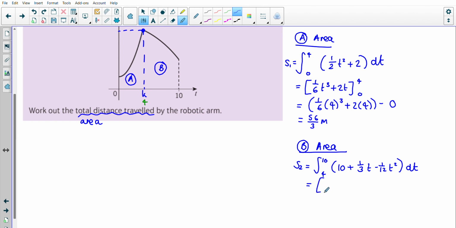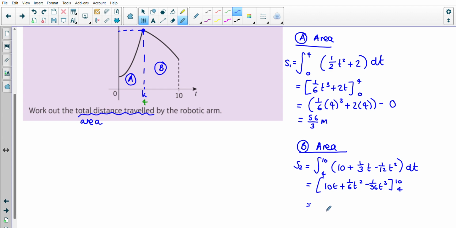Integrate 10, 10 will become a 10t, then I'll get a 6t squared minus 1 over 36t cubed, and then between 10 and 4.